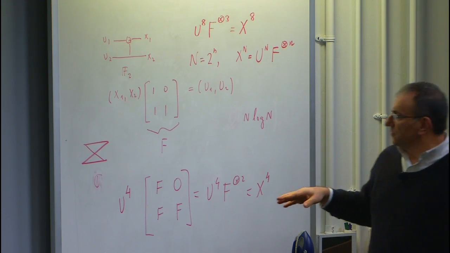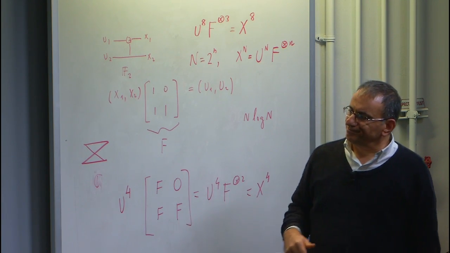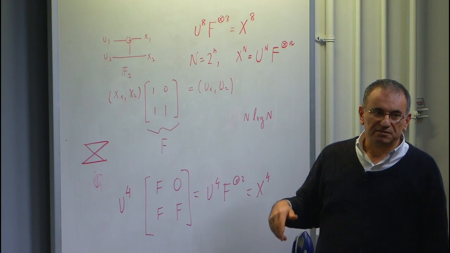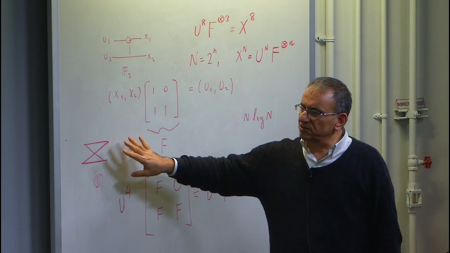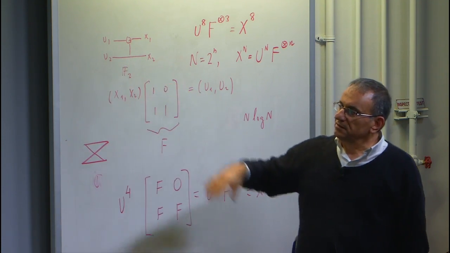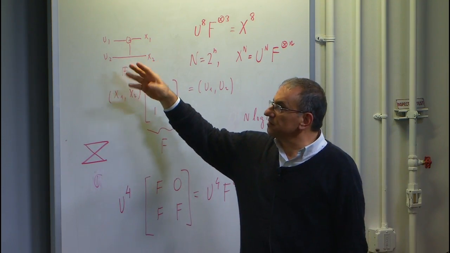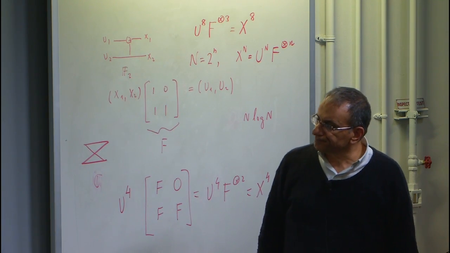So all the algebraic properties, shortcuts, and implementation tricks that are valid for FFT, and there's a huge literature about that, are valid also in this context. Valid perhaps more so because there are no multiplications here, it's only additions.